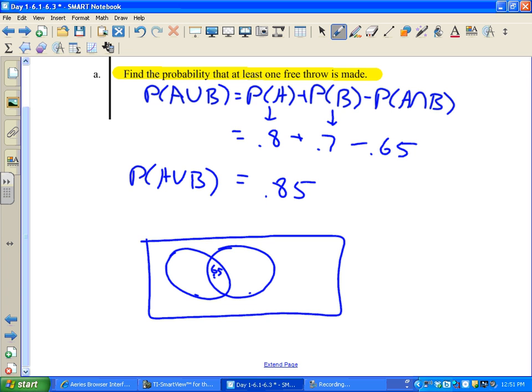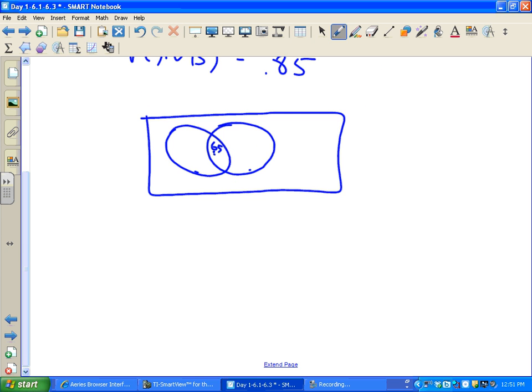That's both of them. Now, students want to plug in Tyreek's 80% right there. And I'll tell you right now, we've got a problem.